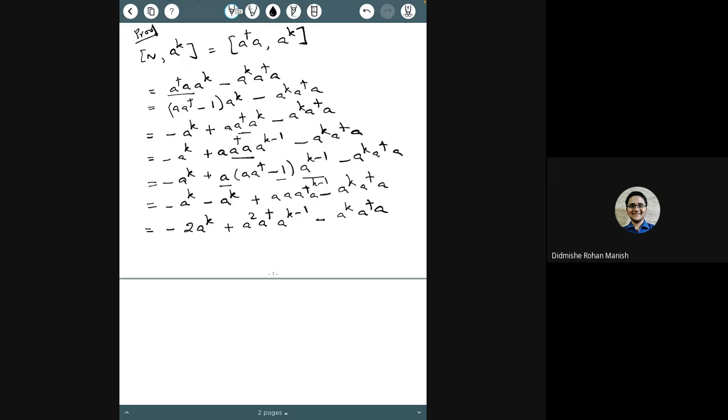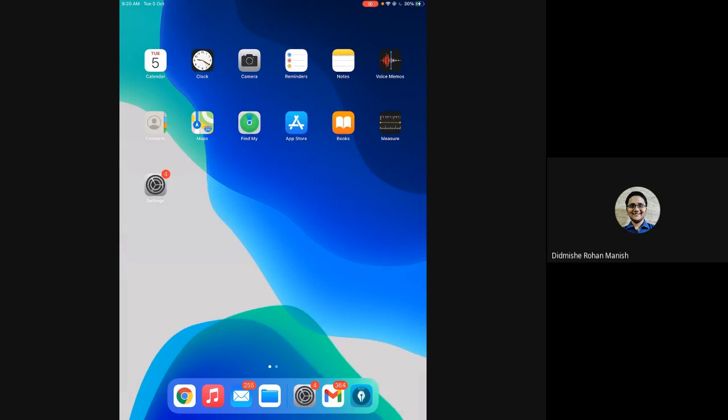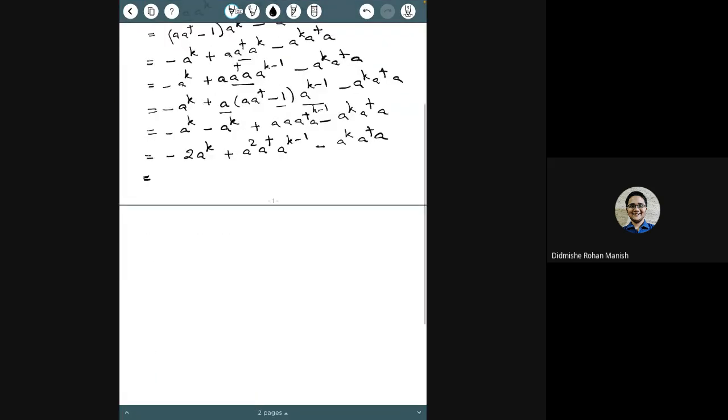Okay. Now if I do the same thing by taking another a out from here, you can see that this will become another a to the power k, so minus 3 a to the power k, and I will be left with a cube, a dagger, a to the power k minus 2.